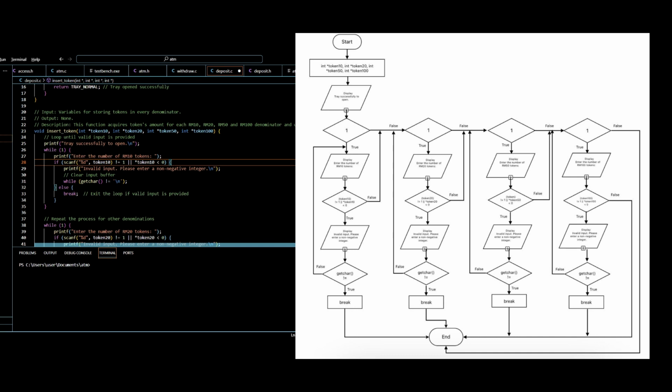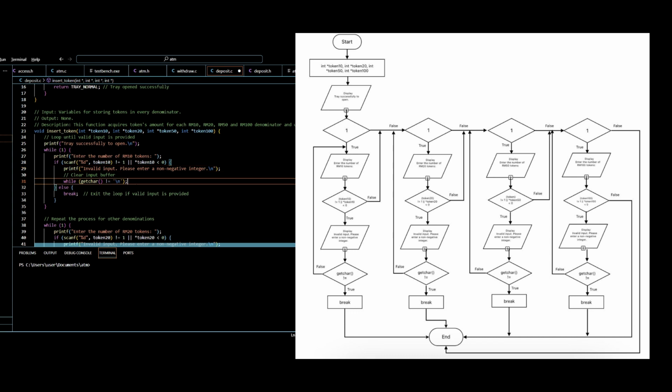printf "Enter the number of RM10 tokens" prompts the user to enter the number of RM10 tokens. If scanf("%d", &token10) not equals 1 or token10 is less than 0, check if the input is not a valid integer or if it is a negative integer.